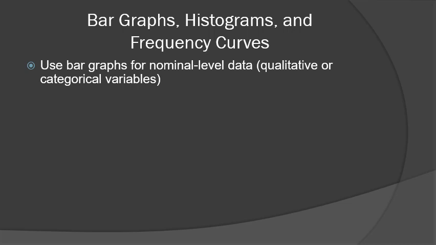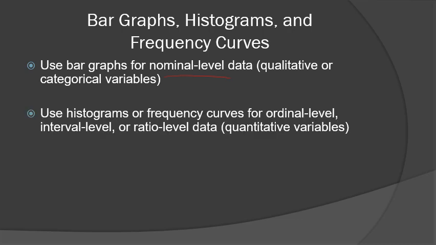Okay, so when you're dealing with graphs, histograms, bar graphs, frequency curves, there are some general rules to follow. As I already said, you use bar graphs for nominal level data, categorical or qualitative variables. You use histograms and frequency curves for ordinal, interval, and ratio level data.